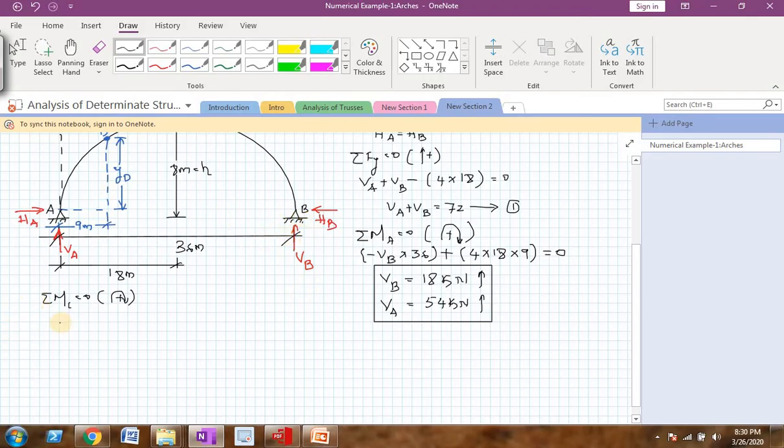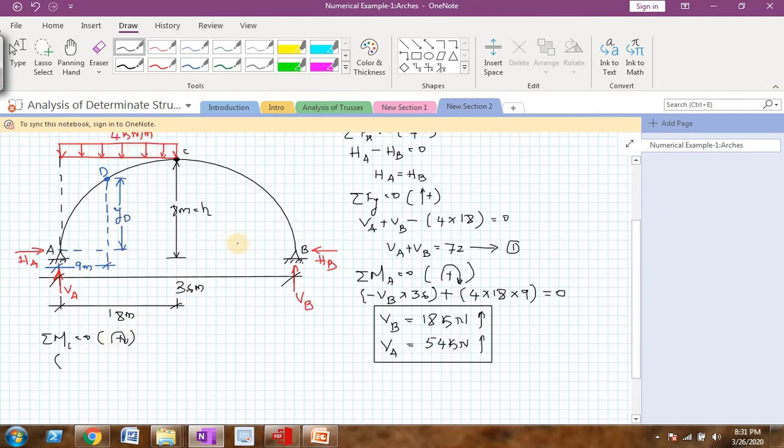So VB at C will actually cause an anti-clockwise moment. So I should write it as minus VB, and the perpendicular distance will be 18. And HB at C will actually cause a clockwise moment.